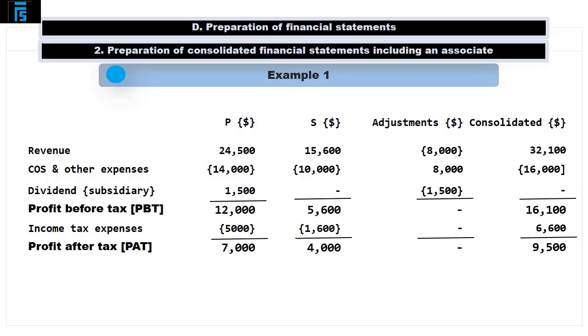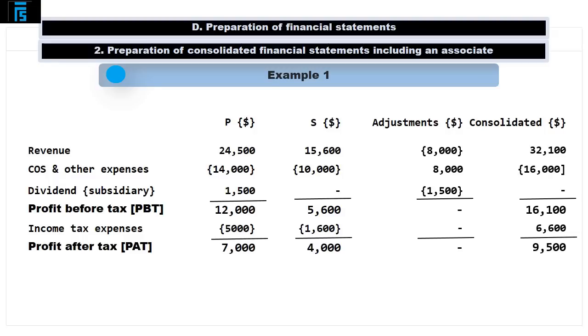Similarly, consolidated cost of sales is computed as €14,000 plus €10,000 less €8,000, giving a total of €16,000. The dividend from the subsidiary naturally gets eliminated in full, resulting in a consolidated profit before tax of €16,100.